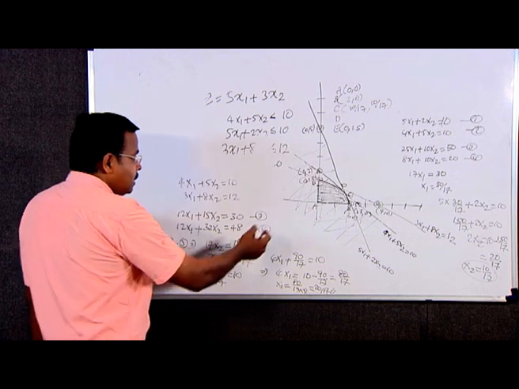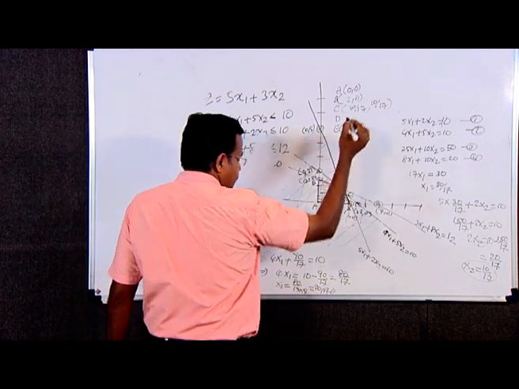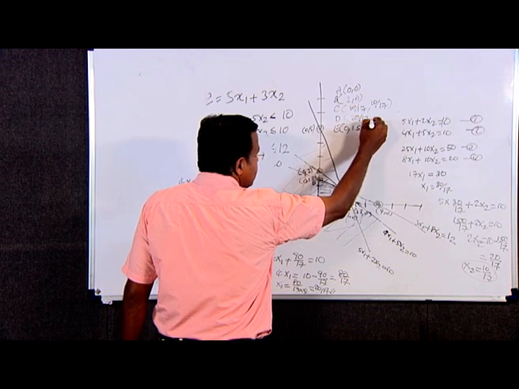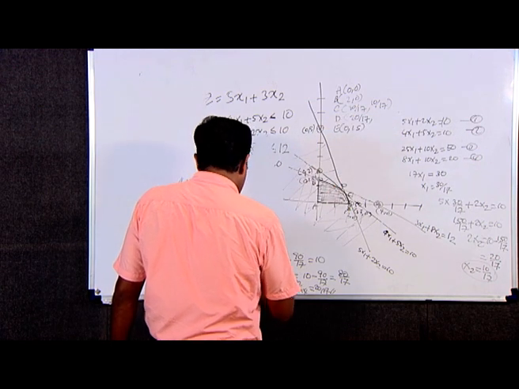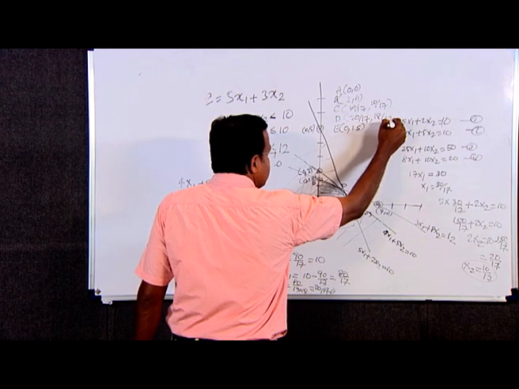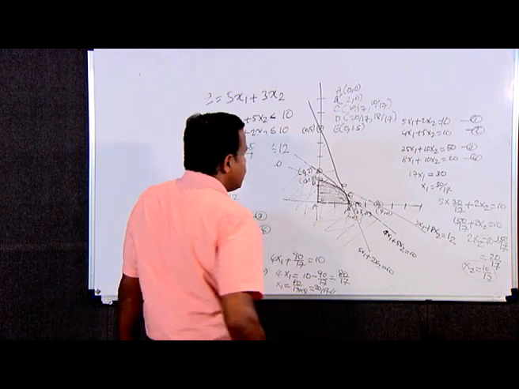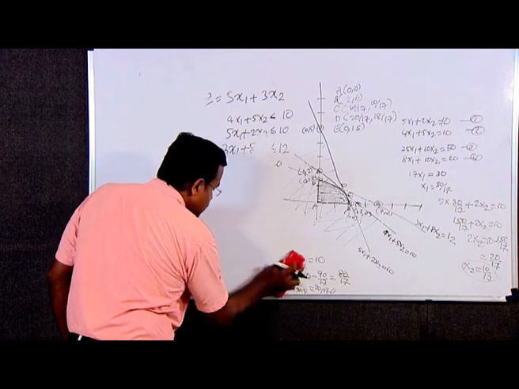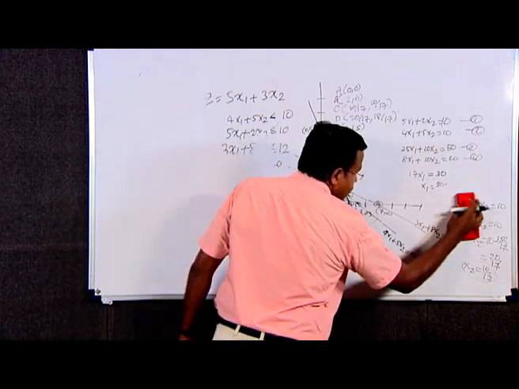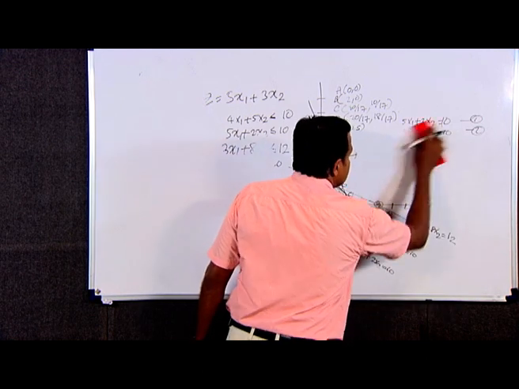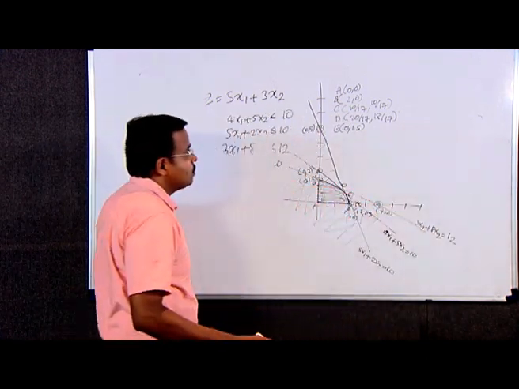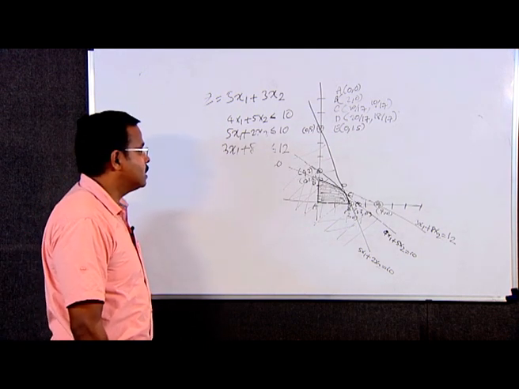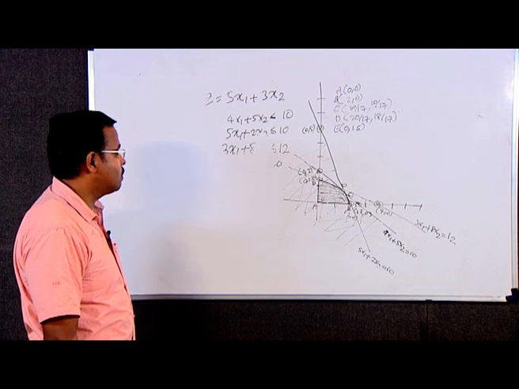So, the D coordinate that we are getting, x1 value is 20 divided by 17 and x2 value is 18 divided by 17. Okay. So, we got the 5 coordinates of the solution vertices of the solution region as A 0 0, B 2 0, C 30 by 17, 10 by 17, D 20 by 17, 18 by 17, and E 0, 1.5.